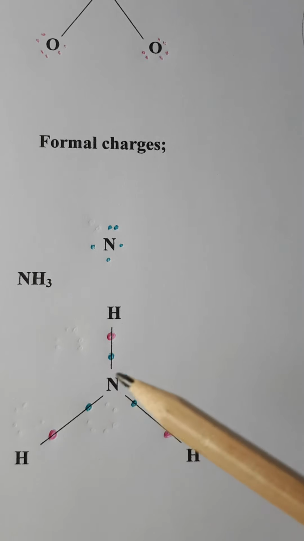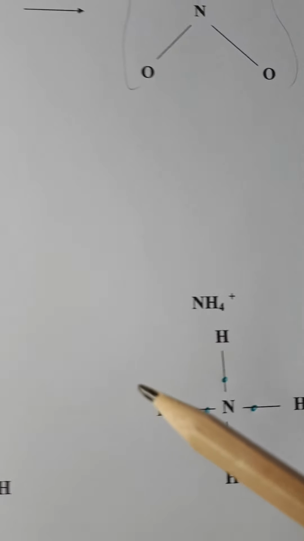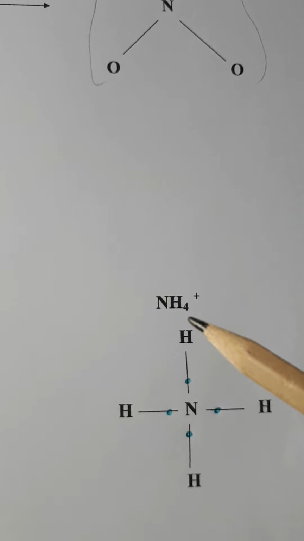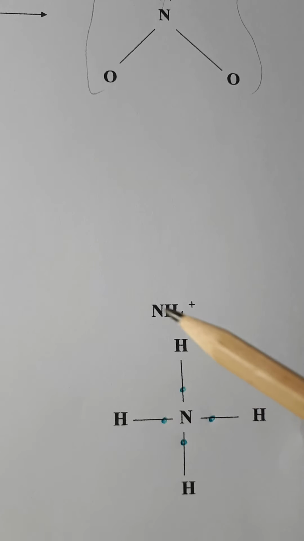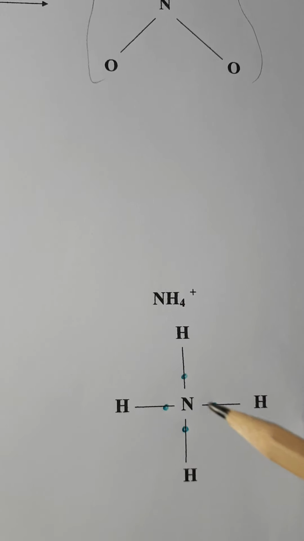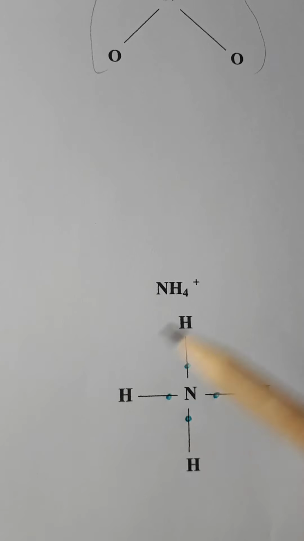So it has no charge. But if you do the same thing for the ammonium ion, NH4+, count the outermost electrons or valence electrons. 1, 2, 3, 4, 5, 6, 7, 8, 9.